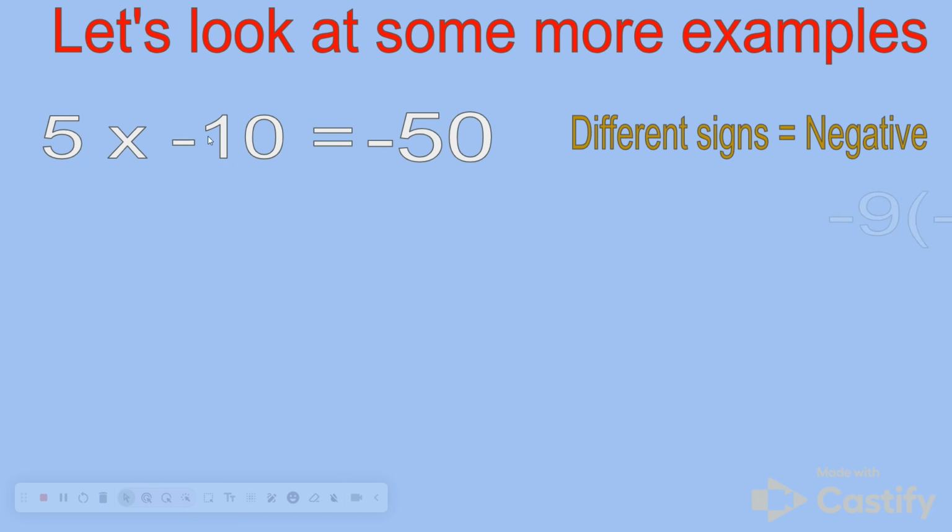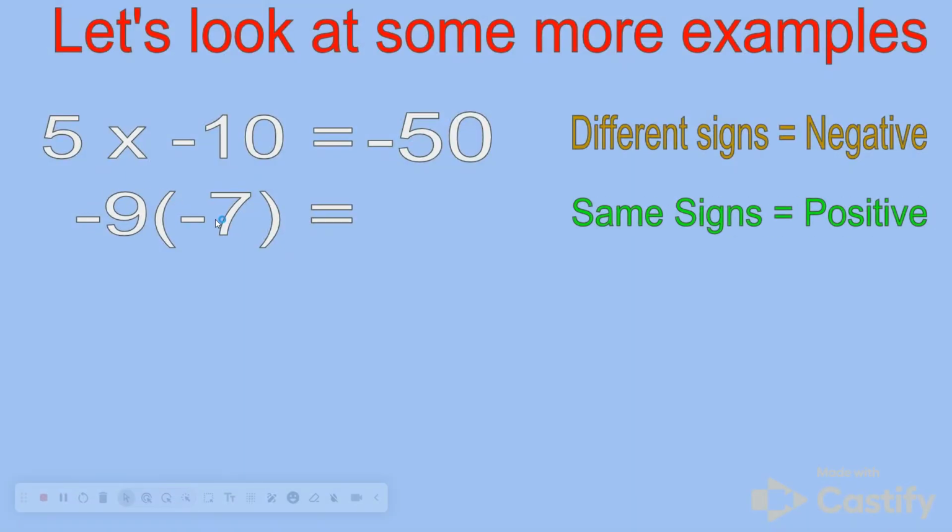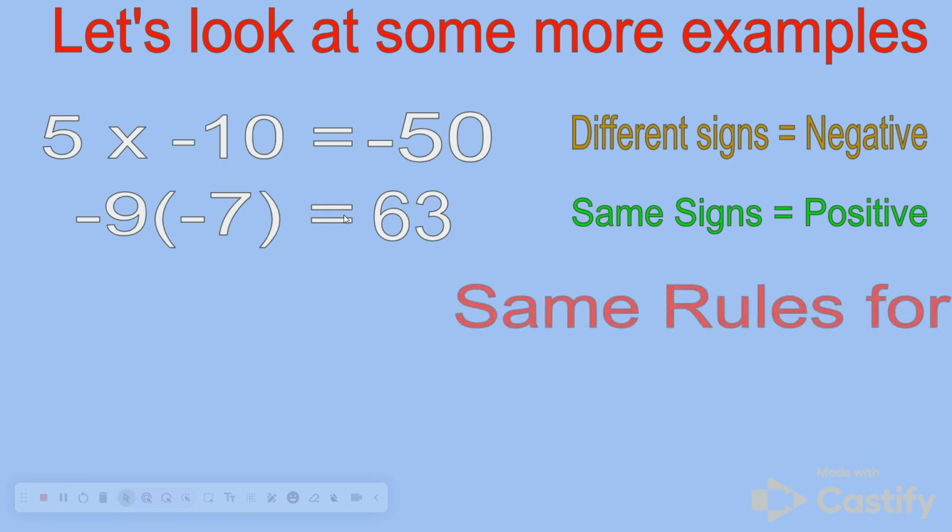Different signs, negative. Okay, this one, I'm doing negative 9 times negative 7. First thing I look at is same signs means positive answer. So I know it's positive, and 9 times 7 is 63. So negative 9 times negative 7 would be a positive 63.